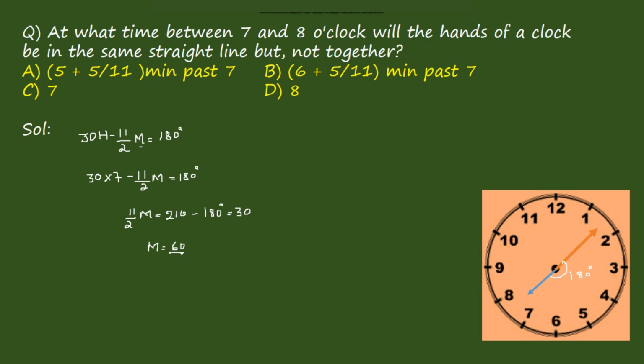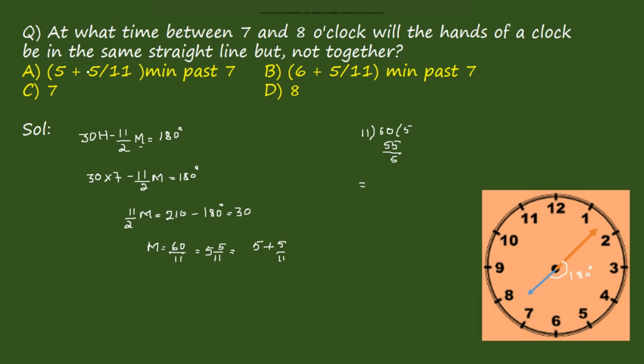Then m is equal to 60 by 11. When you divide 60 by 11, 5 elevens are 55, and the remainder is 5, so it is equal to 5 5 by 11, which is 5 minutes plus 5 by 11 minutes.